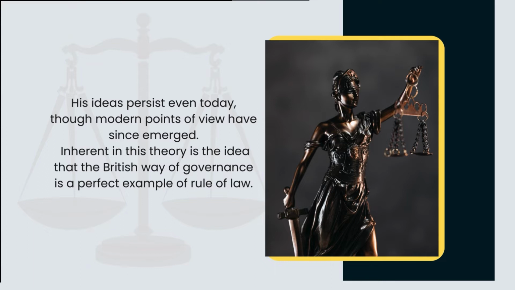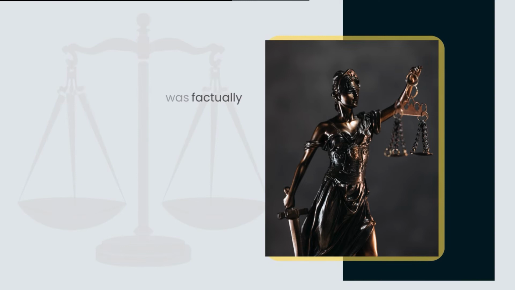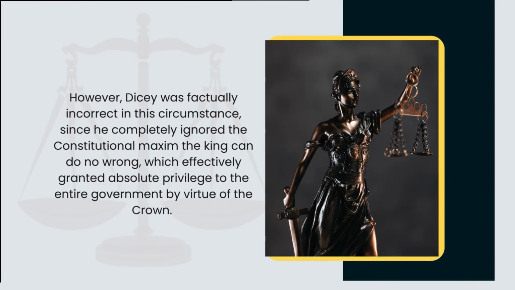Inherent in this theory is the idea that the British way of governance is a perfect example of rule of law. However, Dicey was factually incorrect in this, since he completely ignored the constitutional maxim "the king can do no wrong," which effectively granted absolute privilege to the entire government by virtue of the crown.